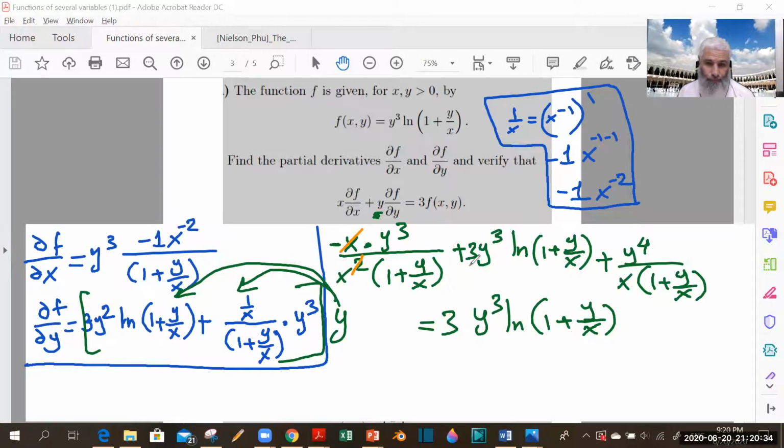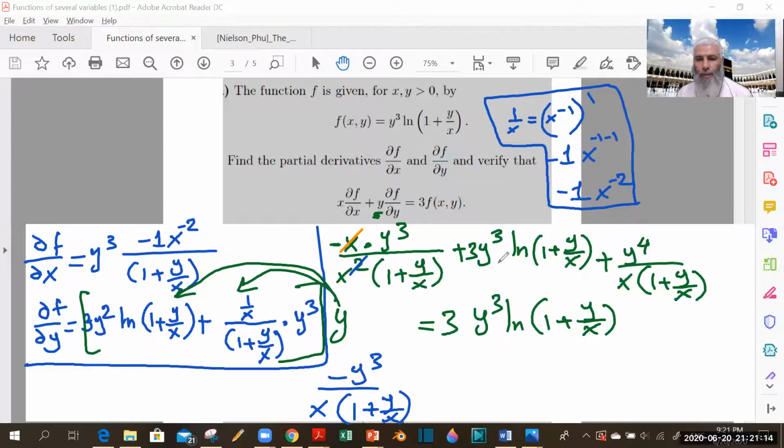Something is wrong. We can start from the beginning. Like we can keep our first derivative as we did it. Yes, df/dx, I think it's correct. We can start from the second part from the beginning. But we can see here this is minus y cubed over x, one over, because this is y over x.